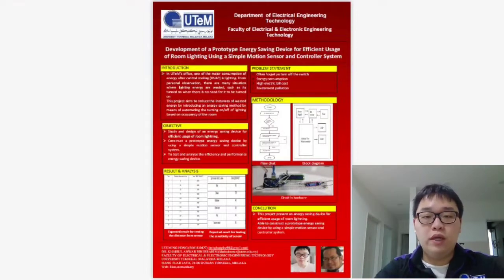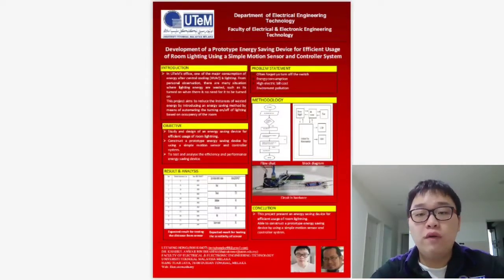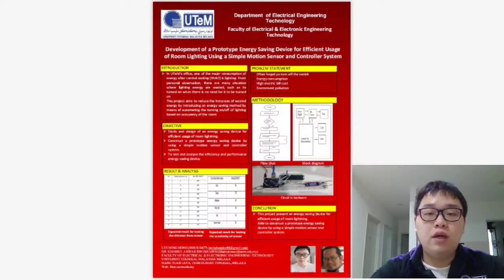The second part is the problem statement. Our problem statement is that people often forget to turn off the switch. It causes high energy consumption, high electric bill cost, and environmental pollution.